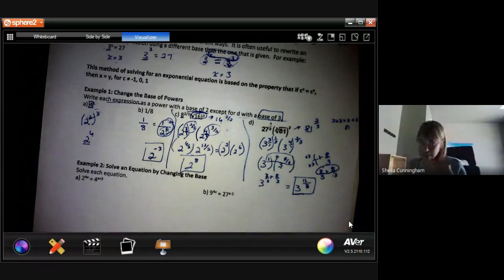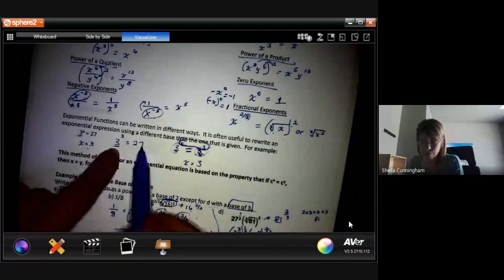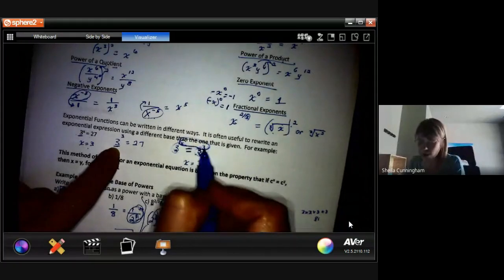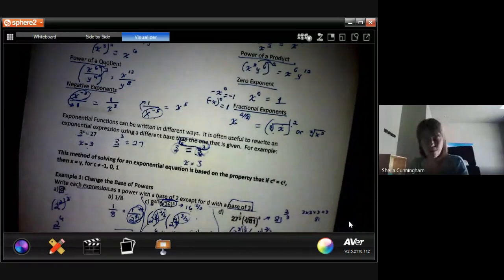So our task, just like what we've been doing, is this: if we get an equation and we can make the bases on either side of the equal sign identical, then we can take our exponents, set them equal to each other, and solve for our variable.